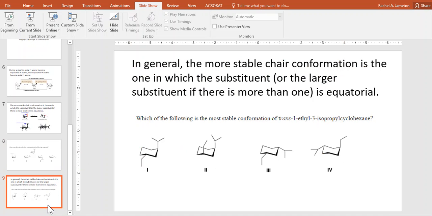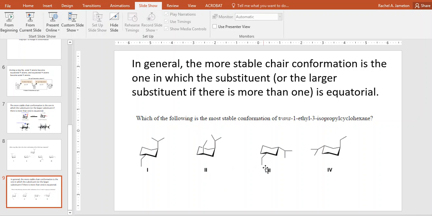And then here's another question. You might want to just pause the video for a second and see if you could answer this yourself. The question is, which of the following is the more stable conformation of trans 1-ethyl 3-isopropyl cyclohexane? The first thing to realize is not all of these molecules are trans.